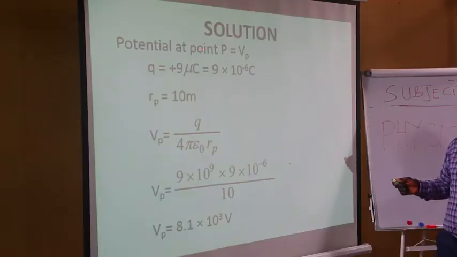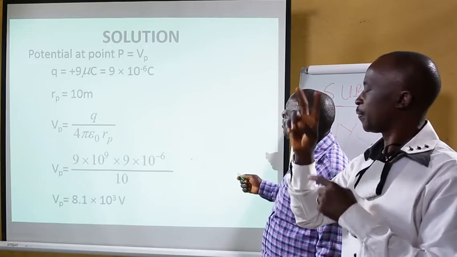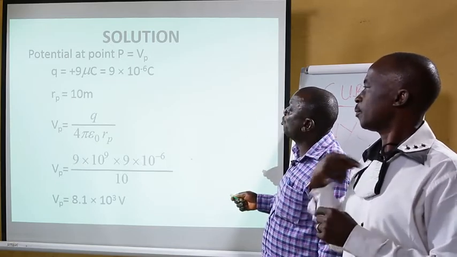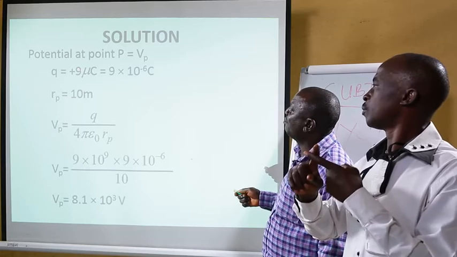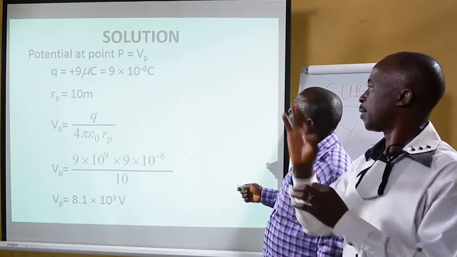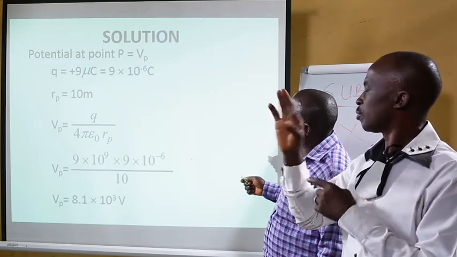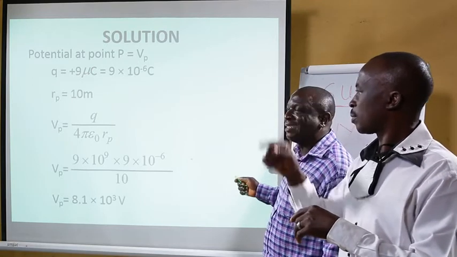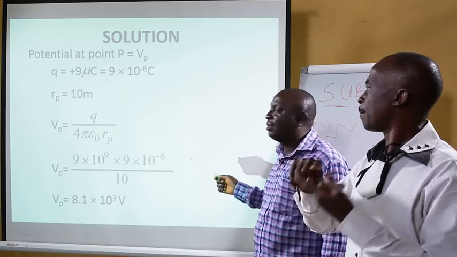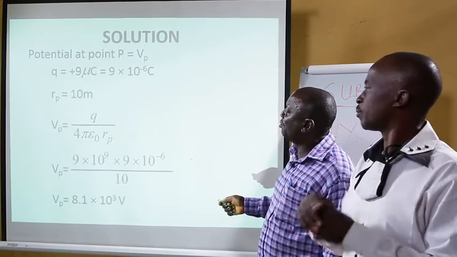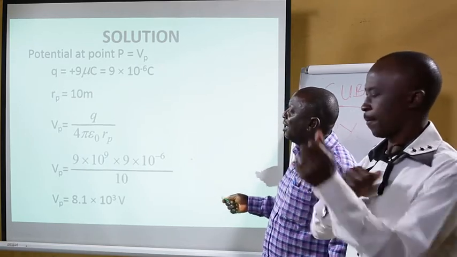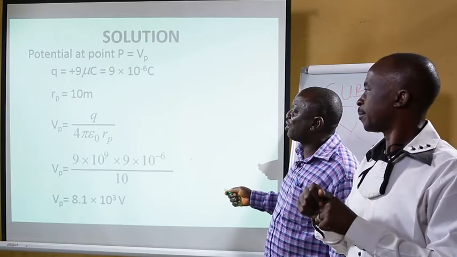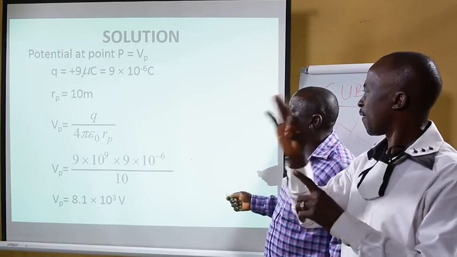Solution: potential at point P is V subscript P. We have our charge Q equal to plus 9 microcoulomb, which is equal to 9 times 10 raised to power minus 6 coulomb, because micro means 10 raised to power minus 6. Then we have Rp, the distance between point P and our positive charge plus 9 microcoulomb, which is 10 meters.